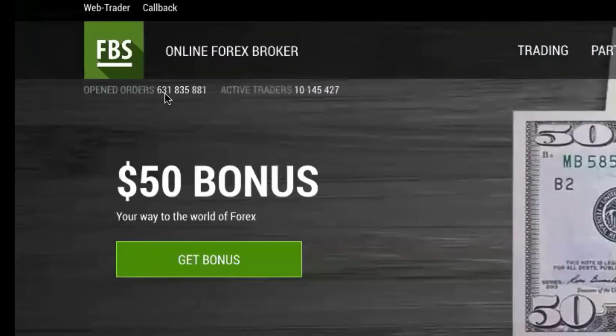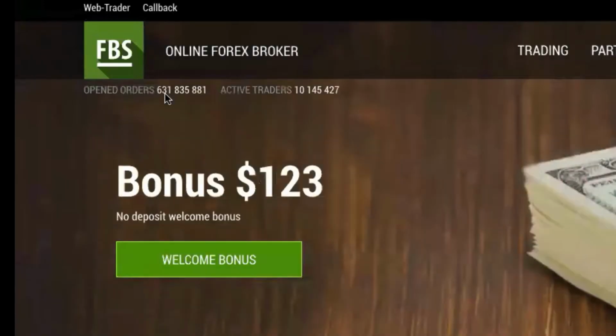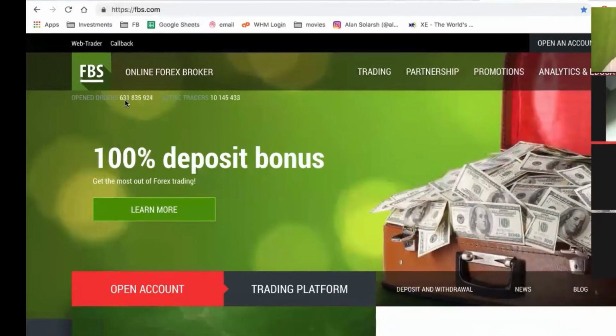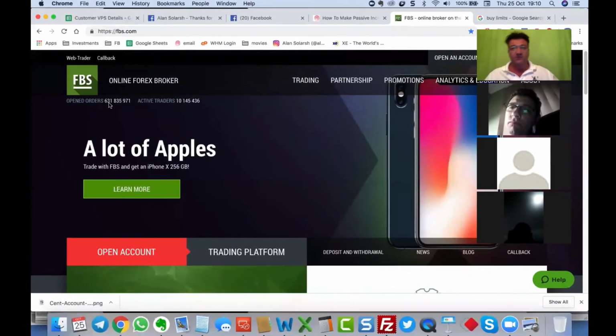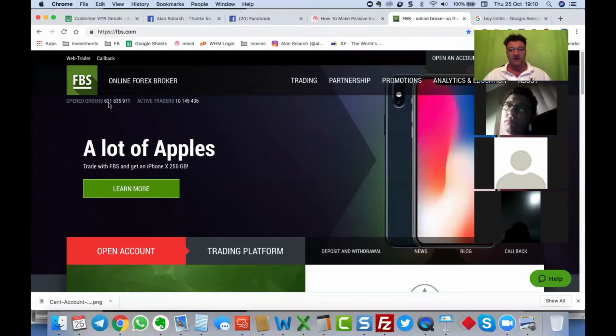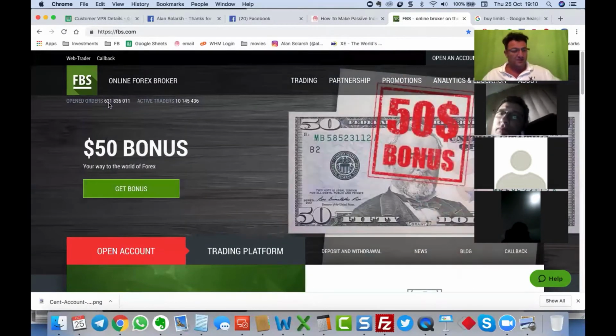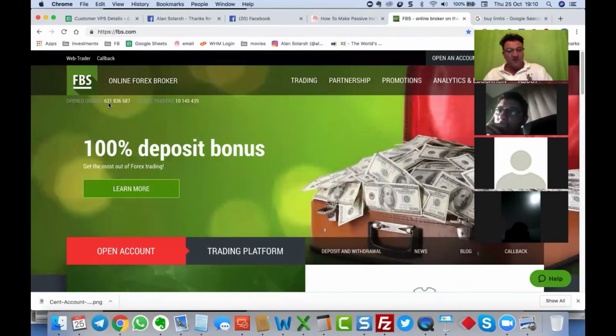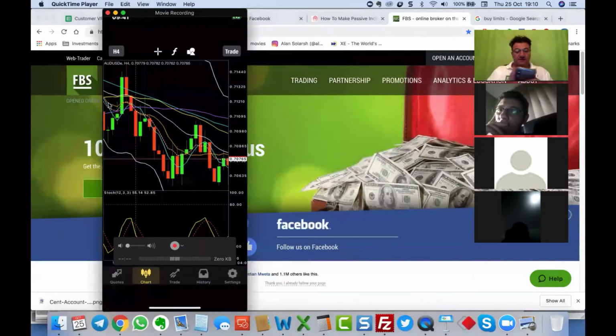Those are buy orders, sell orders, buy limits, sell limits, as well as trades that are already happening right now. This is just FPS. Now there are hundreds of platforms out there like FPS, and everybody's got these buy limits and sell limits, which is quite astounding to watch. So it's something to get excited about, to know that it's pretty predictable.